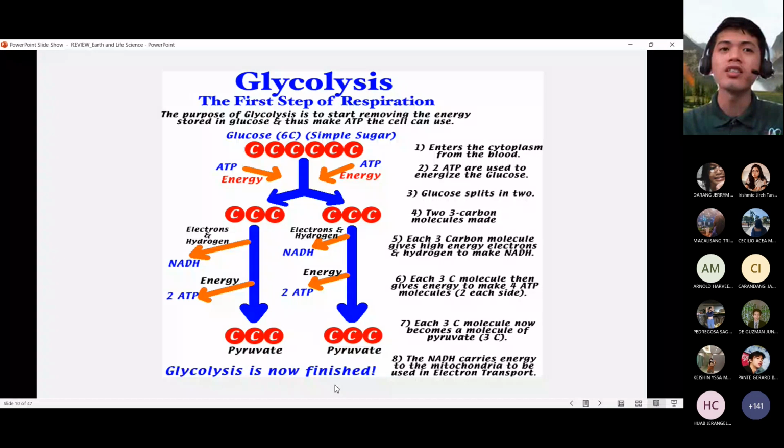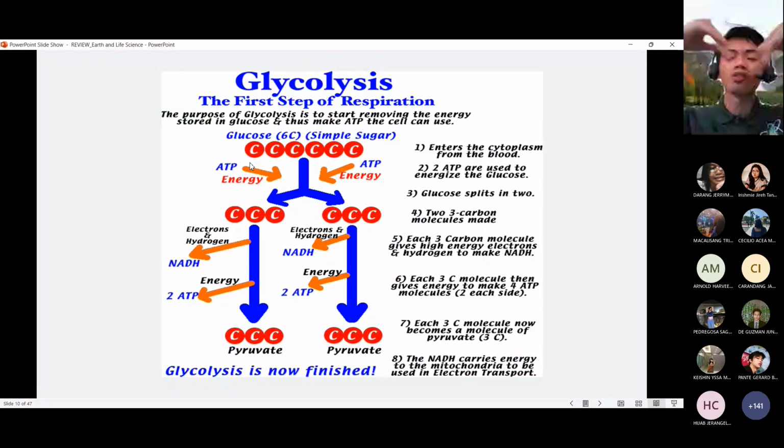But remember, since we have four ATP in this process, and of course we consume two ATP in order to split the six carbon molecules, we need to pay those two ATP that we consume. So what will happen? Of course, the four ATP will be reduced.